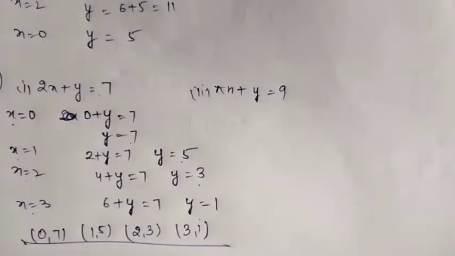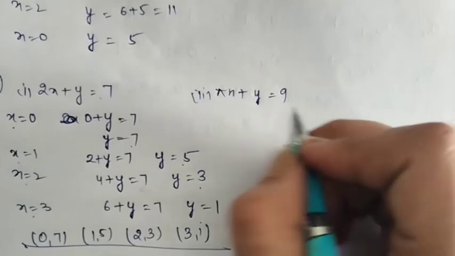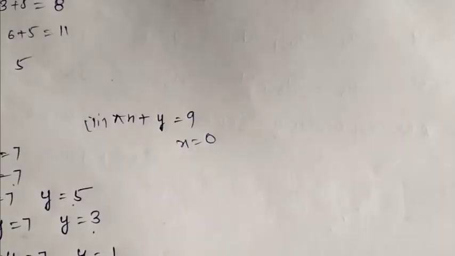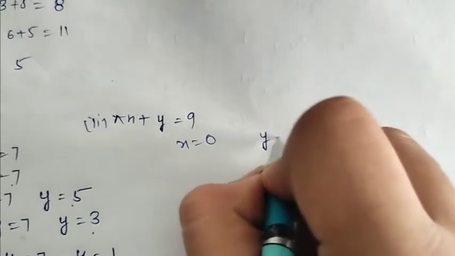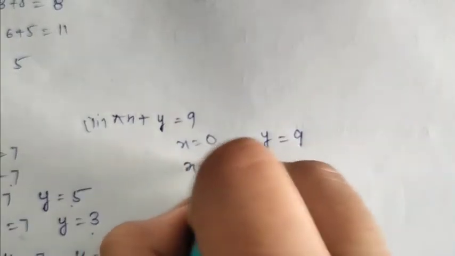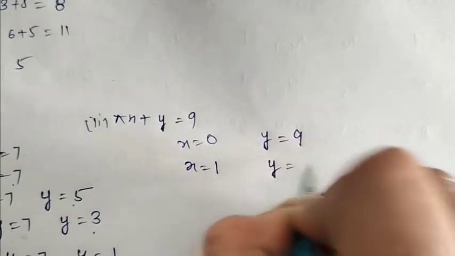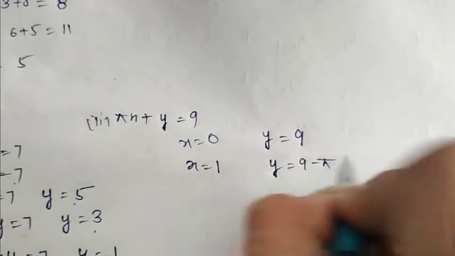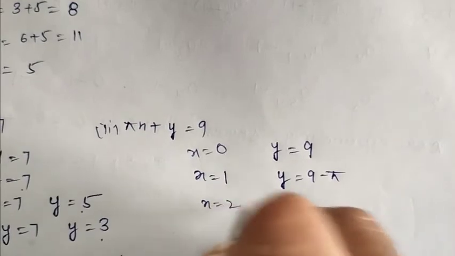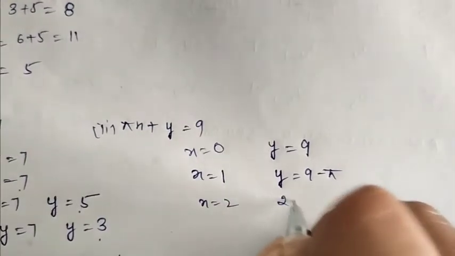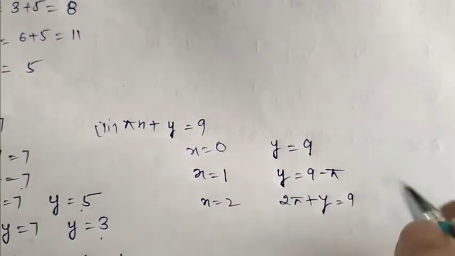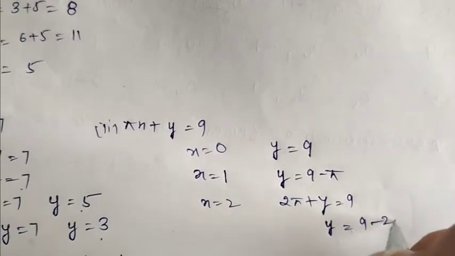Now the second part of it, if we put x equals to 0, then our y will be 9. Okay, if we put x equals to 1, then y will be 9 minus pi. Okay, if we put x equals to 2, then this will be 2 pi plus y equals to 9, and y will be 9 minus 2 pi, right.